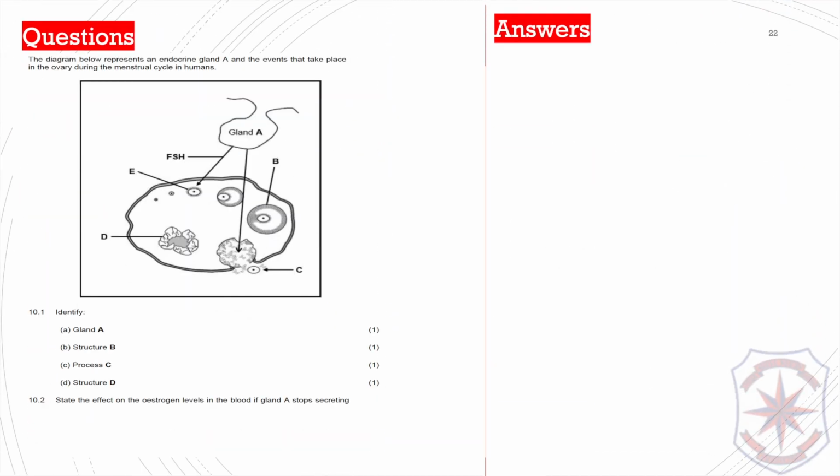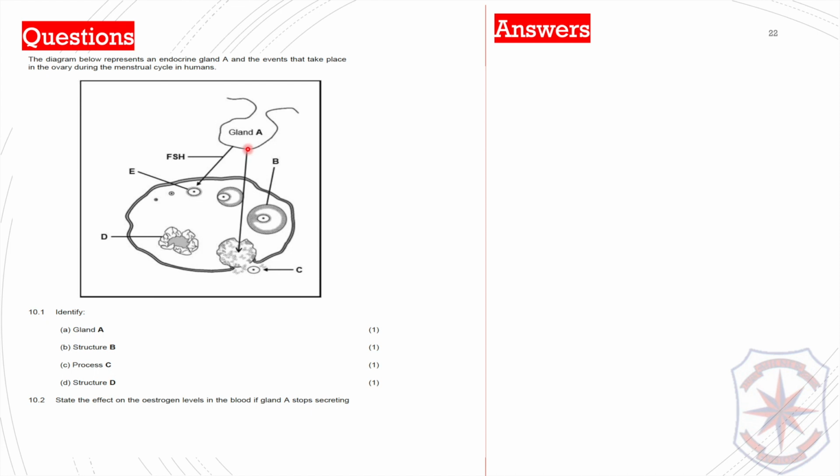Our next set of questions. Let's have a look. The diagram below represents an endocrine gland, A, and the events that take place in the ovary during the menstrual cycle in humans. So we have gland A. We know that glands produce or secrete hormones.